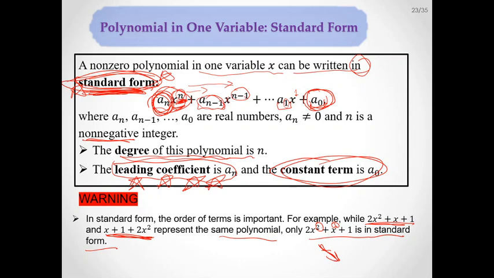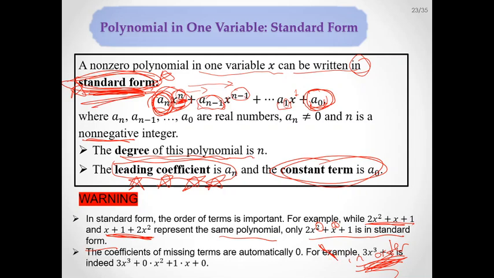So 2, 1, and it's in order. So there's tartib. We are looking for order in each polynomial. So if there's a decreasing order of the powers, then we say it's standard form.